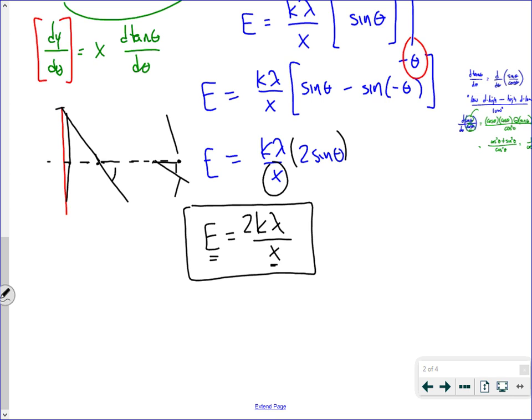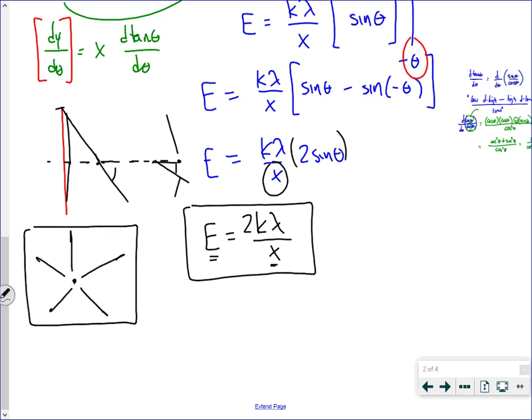All right? Now, think of a point charge. With a point charge, we can only draw this two-dimensionally. We get that radial field, but these lines spread out both in the plane of this paper and in the perpendicular dimension. So that accounts for the fact that there's an x squared, or r squared, on the bottom for a point charge.